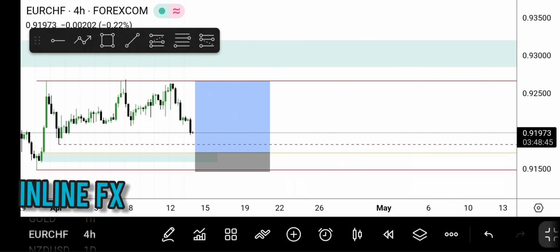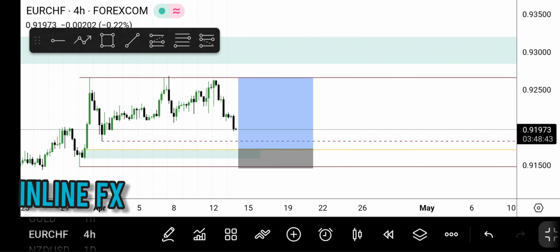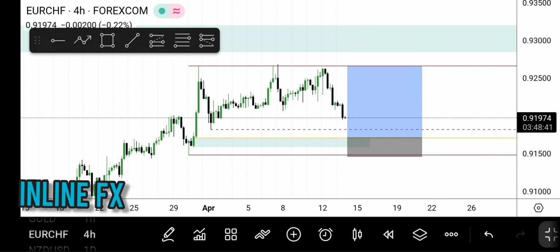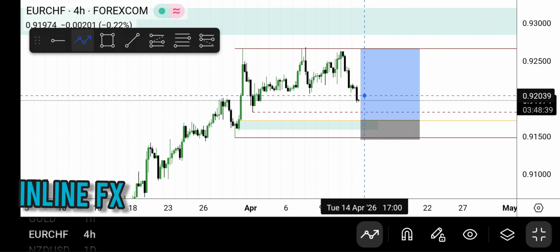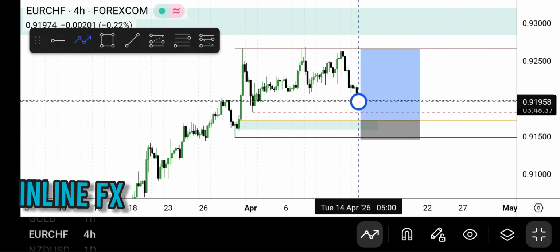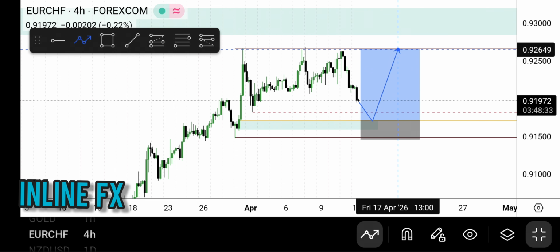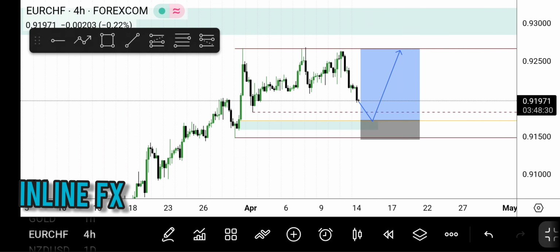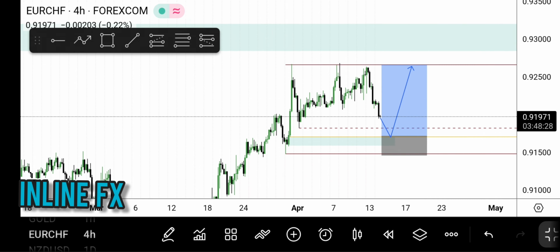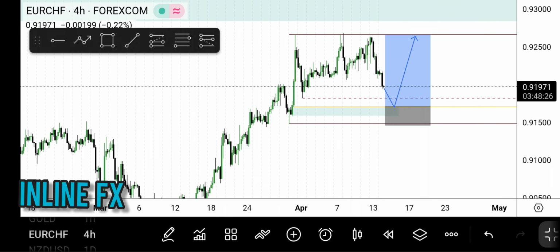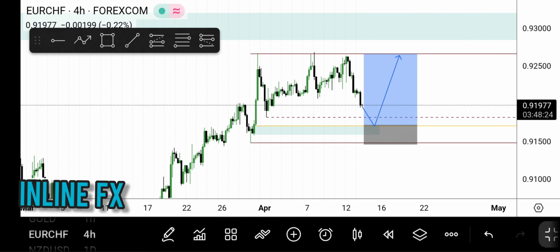That's what we are expecting for the EURCHF. We are hoping to first take out this high before we tap into our zone, our high time frame key level. So that's it.